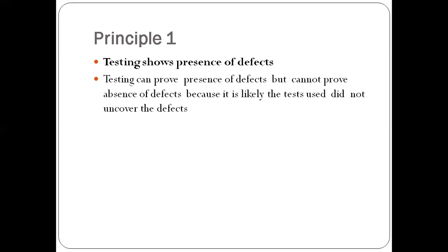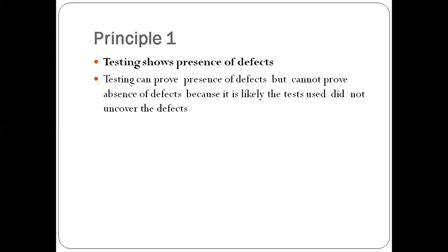Principle number 1, testing shows presence of defects. Right, so testing can prove the presence of defects but cannot prove absence of defects because it is likely the test used did not uncover all the defects. All right, so we cannot guarantee that the tests you're going to do will uncover the defects.